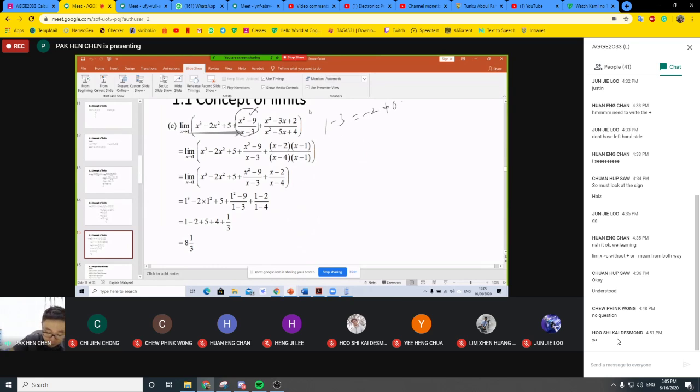But when you substitute into the last term, it will become 0, therefore we only do this simplification to make every term, when you substitute 1 into their denominator, not become 0.